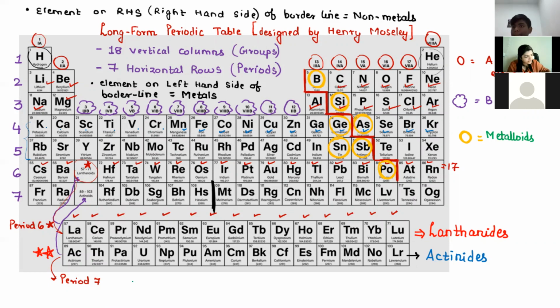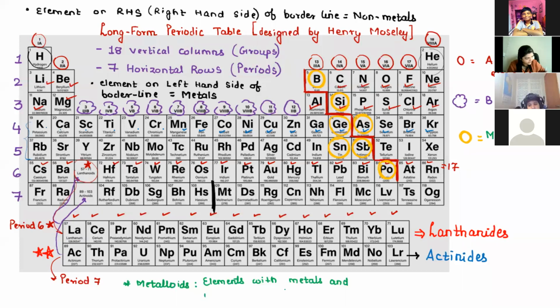So what are metalloids? I'm going to write it over here. What are metalloids? Elements with metal and non-metal properties. Yes, very good. Elements with metals and non-metals property.